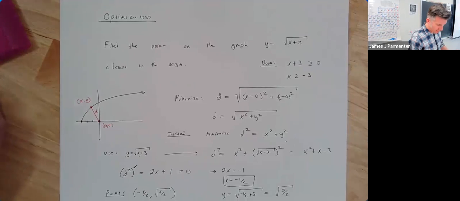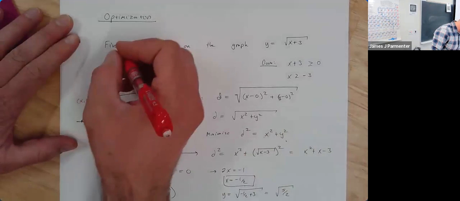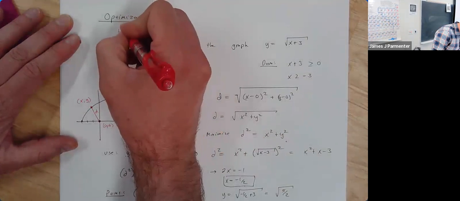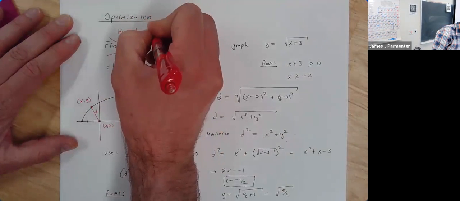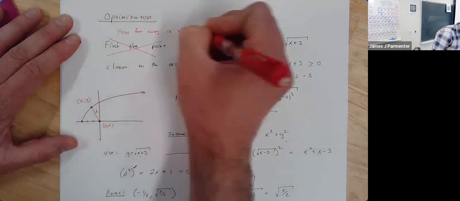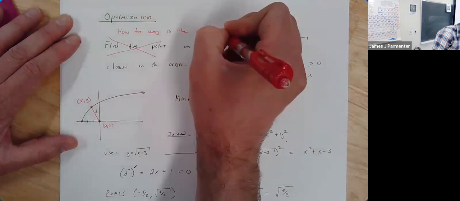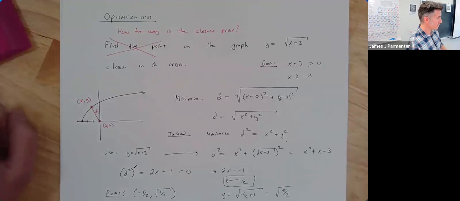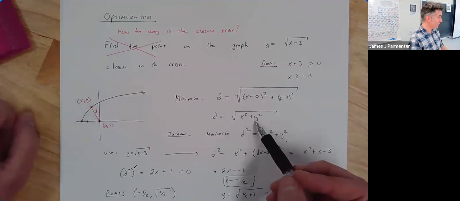Alternatively, instead of saying find the point, they could have said, how far away is the closest point? Meaning, what actually is that minimum distance? So then you would take your point and plug it into the distance formula.